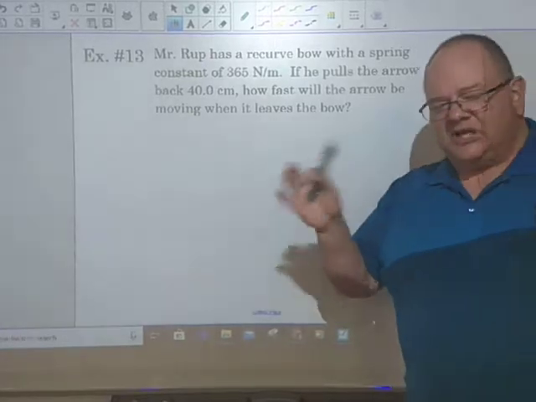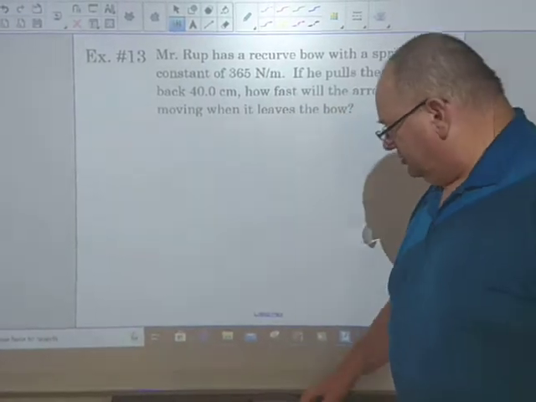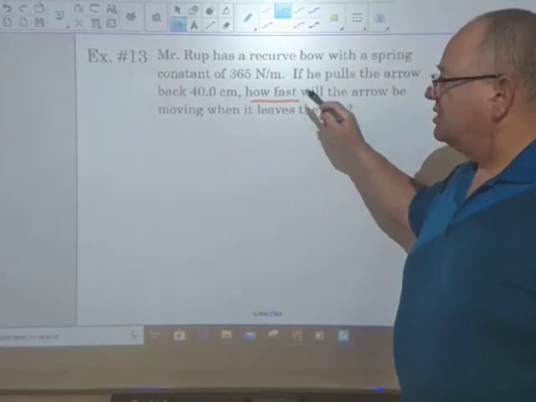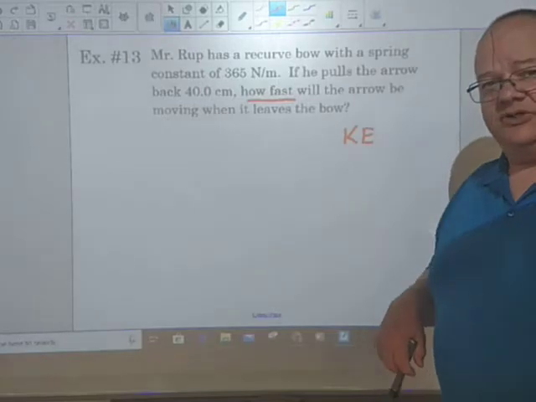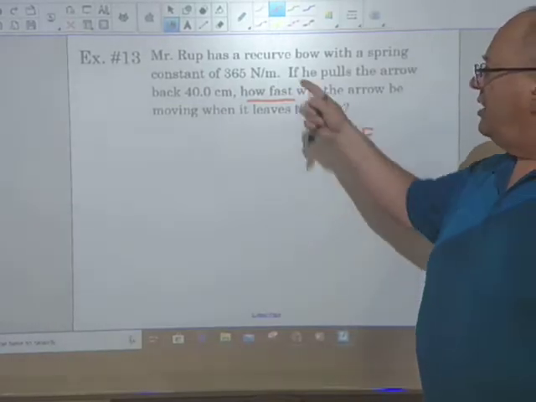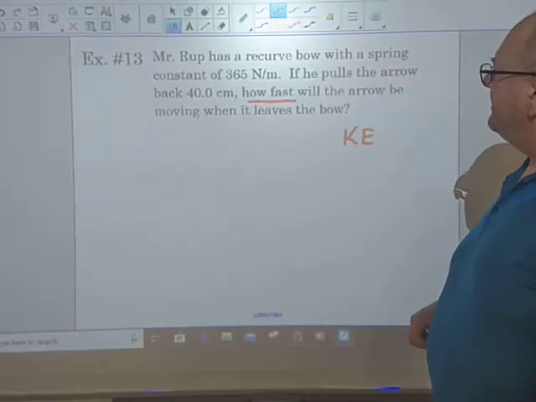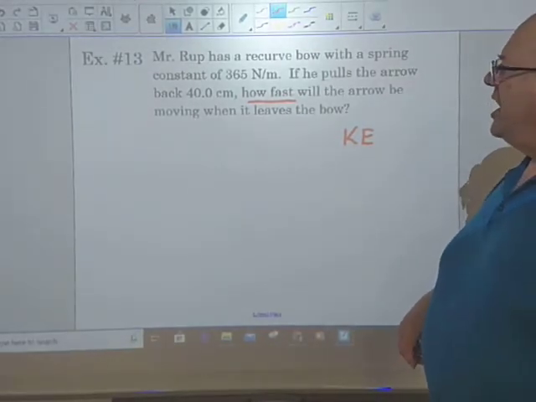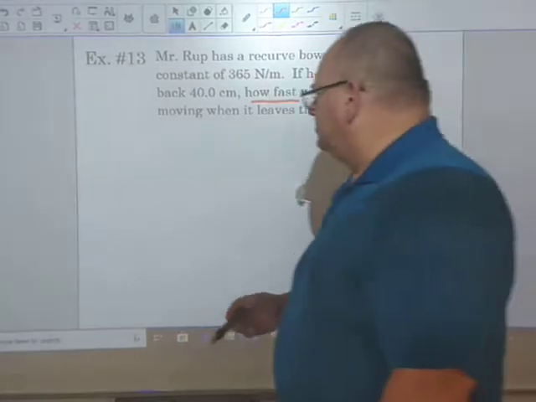Okay, so let's think about our energy forms. My question is, how fast? If I'm dealing with a speed, I'm thinking about kinetic energy. Now, I've got a bow that I'm stretching the string back on. I'm drawing the string back. So that's going to be elastic potential energy.